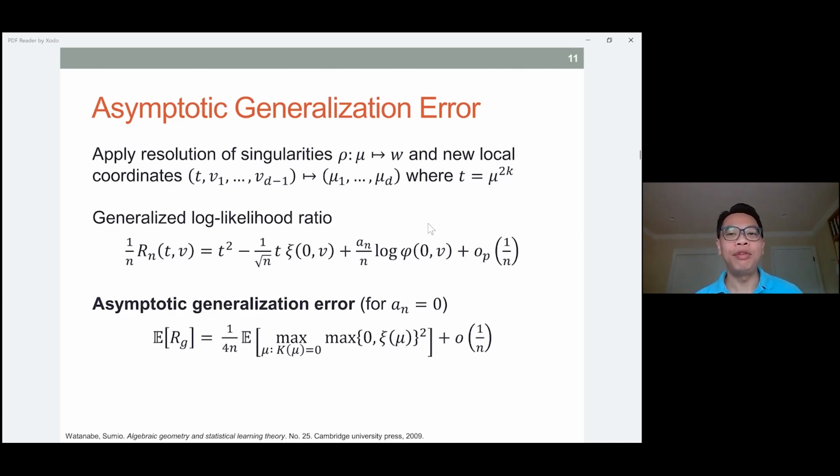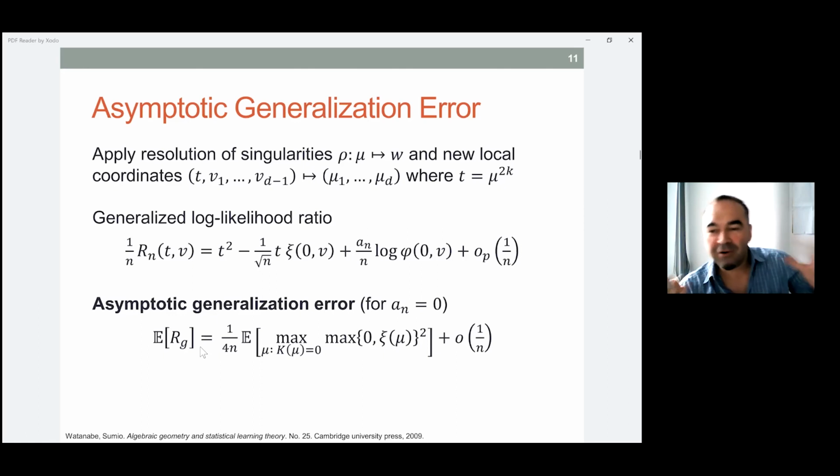But if you have a favorite model, like a mixture model, and you want to understand what's going on asymptotically, this would be the approach: find the resolution of singularities for your different models, and then analyze what happens to the generalization error. This would be the strategy.